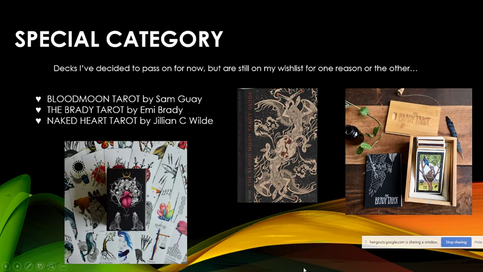Right. And the other one is the Naked Heart, no? Which goes into the white space, no? I love animal decks, and I love how she did the court cards, like how they're like a family. They're so beautiful. Yeah. But I do have it's like too much white space. But people keep saying that this reads beautifully.